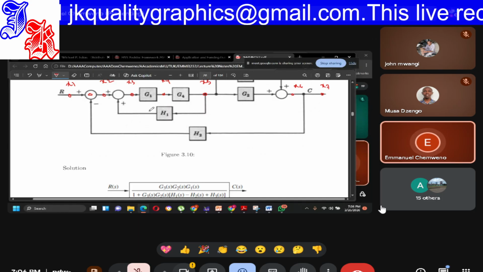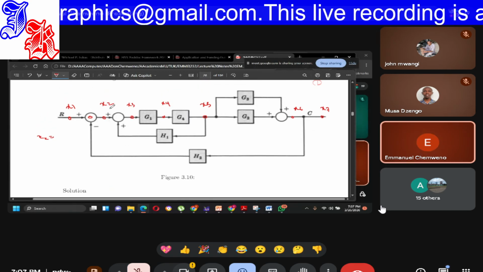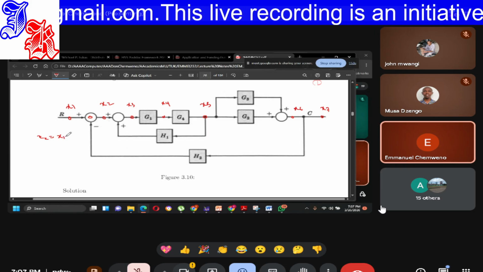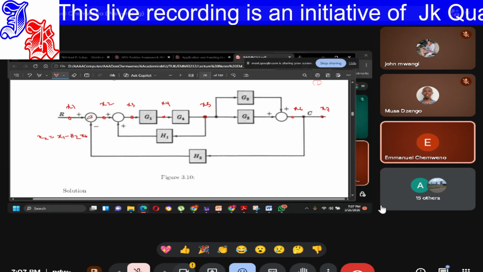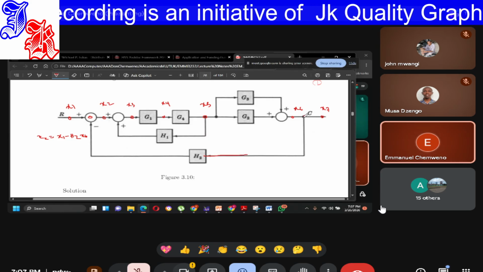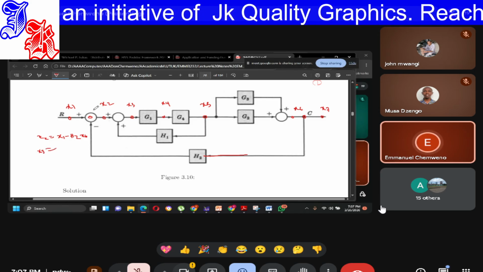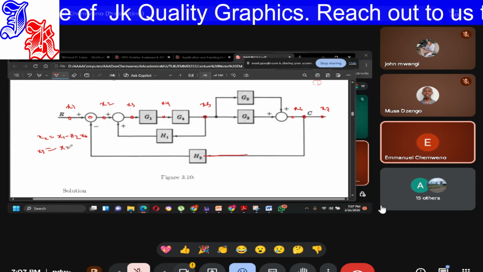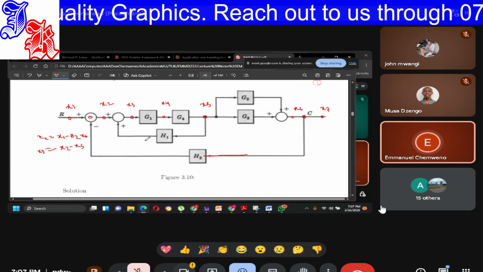So I'll write my equations as x2 is equal to x1 minus h2 times this signal, which is x6. x3 is equal to x2 minus x5 h1.